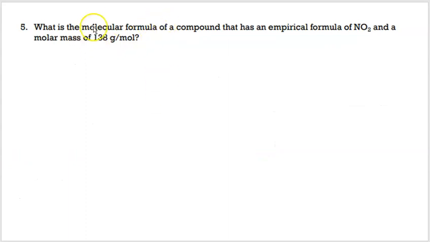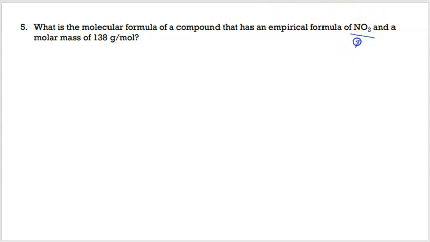Next one. What is the molecular formula? We have to go one step farther on this one. The molecular formula takes our empirical formula, our ratio, but then figures out the actual numbers of each element. Remember, an empirical formula is our lowest whole number ratio.